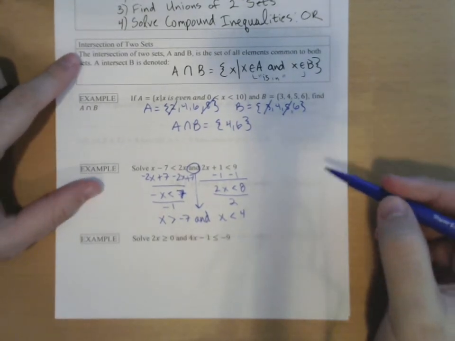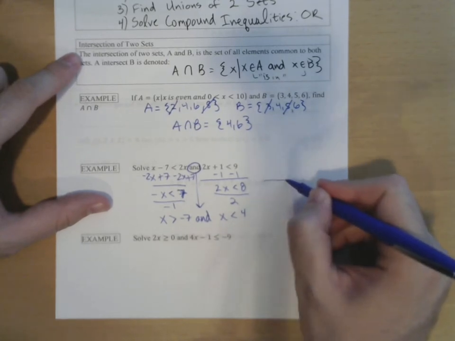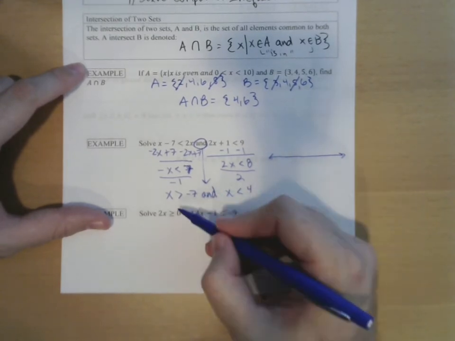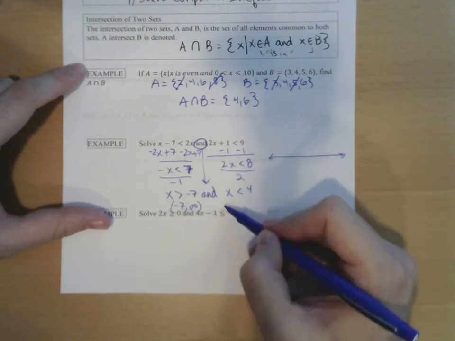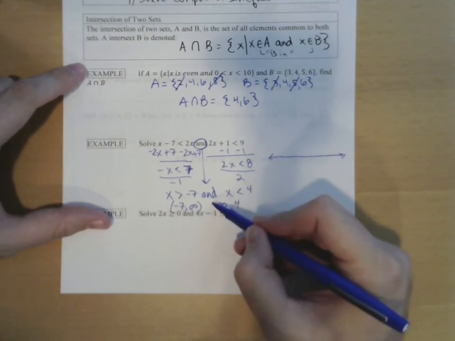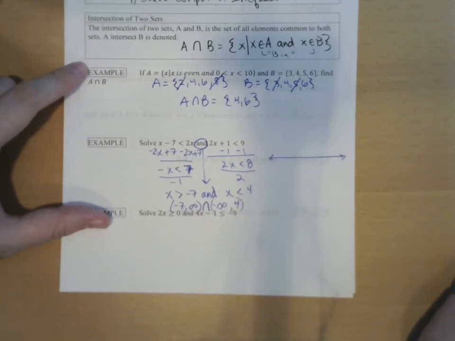And so where the intersection part comes in now is, if you think of these as intervals, this is negative 7 up to infinity, and this is 4 back down to negative infinity. And what we're actually doing is intersecting these two.